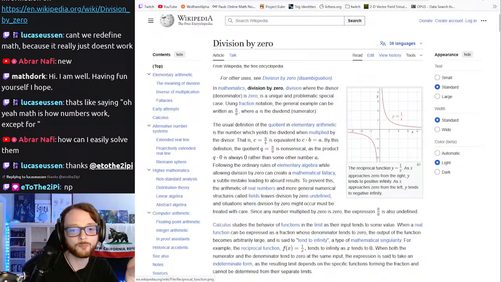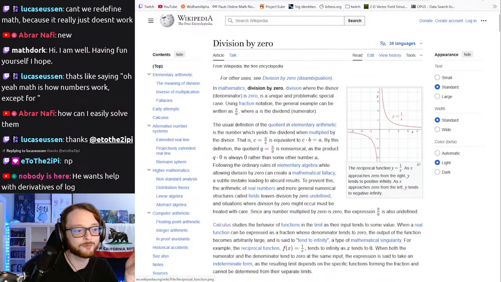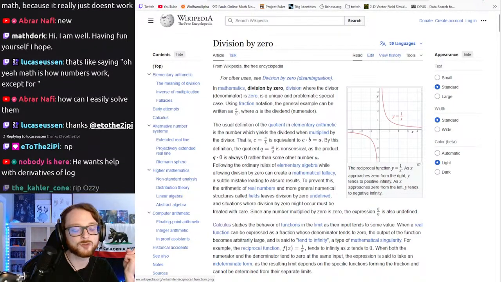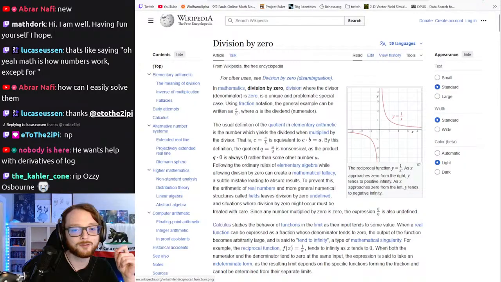Like 1 over x behaves weird around 0, and if division by 0 behaved perfectly well, this graph would look very different.